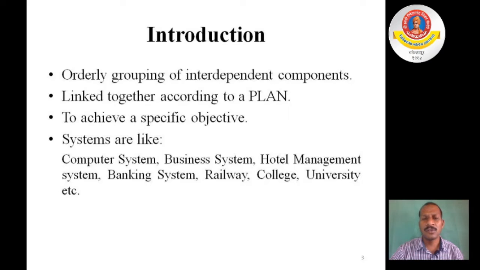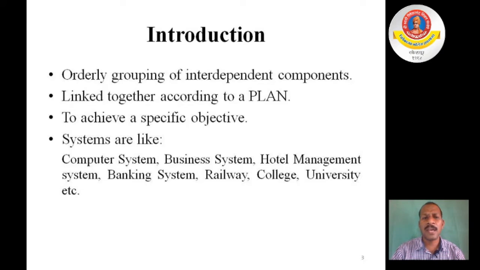As in the introduction of system analysis, a system is the orderly grouping of interdependent components linked together according to a plan. Whatever the components are, they are linked together according to a plan, and they achieve a specific objective.